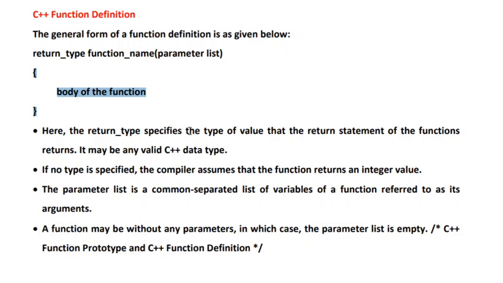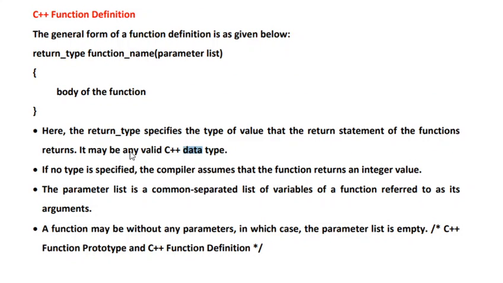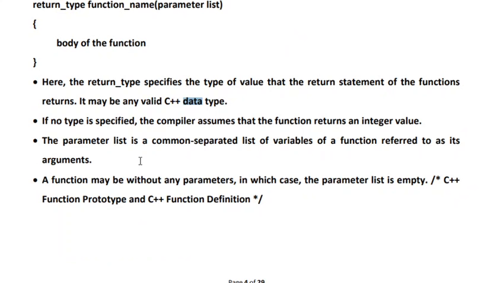Here the return type specifies the type of value returned by the function. It can be any valid C++ data type. If no type is specified, then by default it will return an integer value. The parameter list provides the list of parameters that the function will take in, and the type of those parameters.